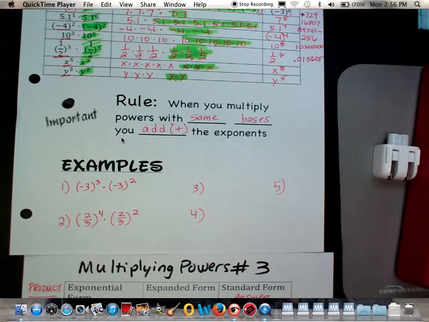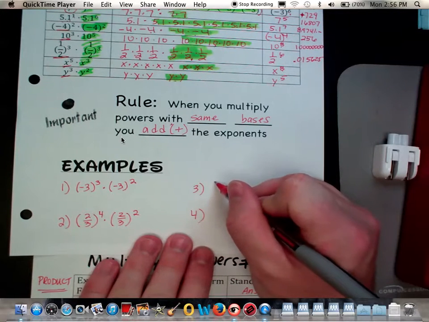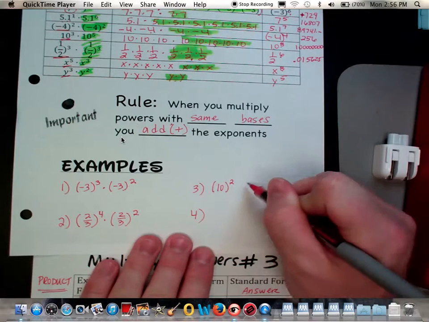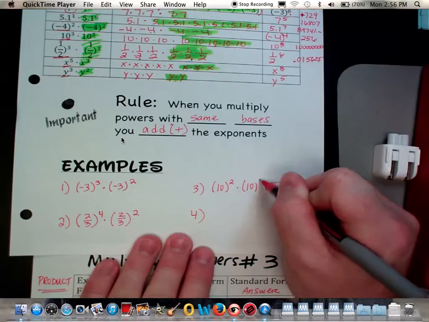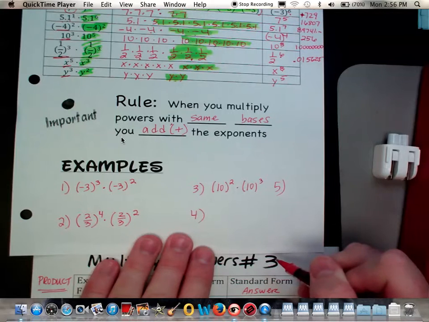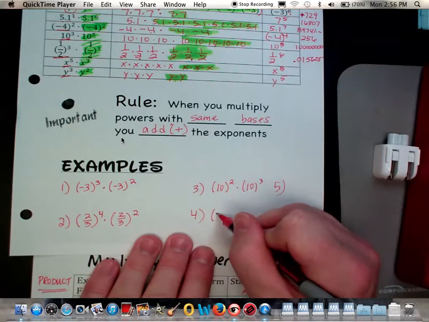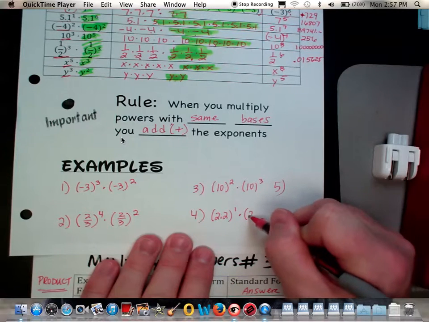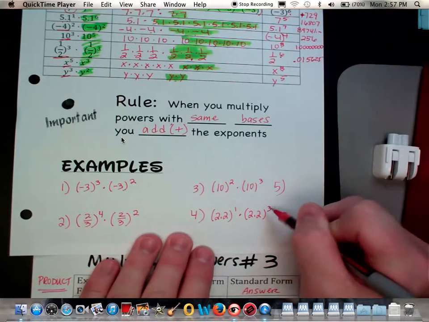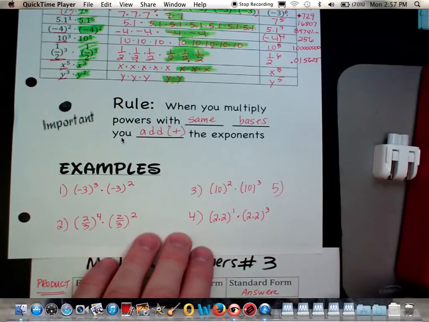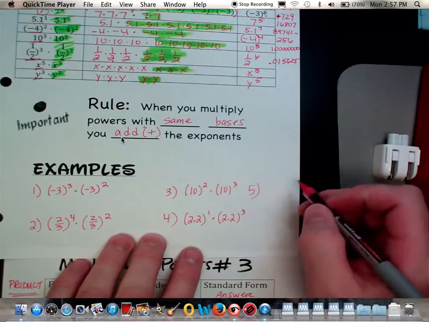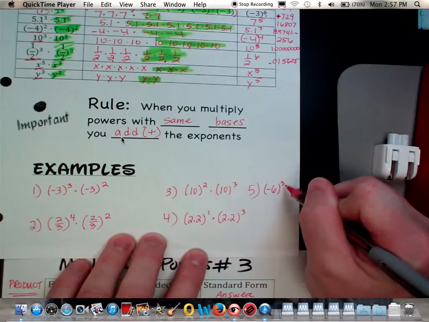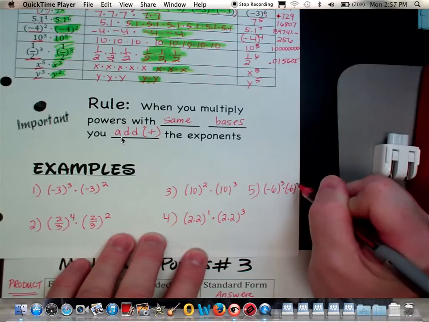Okay, and this one is going to give us 10 to the second power times 10 to the third power. Let's do 2.2 to the first power times 2.2 to the third power. And then the last one, make sure you write these in here, is going to be negative 6 to the third power times negative 6 to the second power.